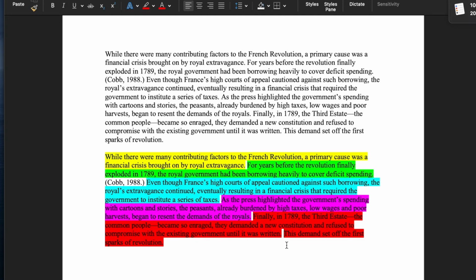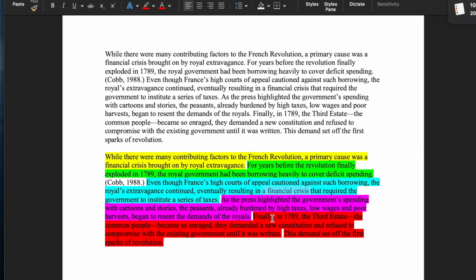So going back to outline this again. Topic sentence: while there were many contributing factors of the French Revolution, a primary cause was the financial crisis. So the effect was the French Revolution, and the cause was the financial crisis. Here we go. We talk about one of the first causes, the government's overspending. The effect was the financial crisis.